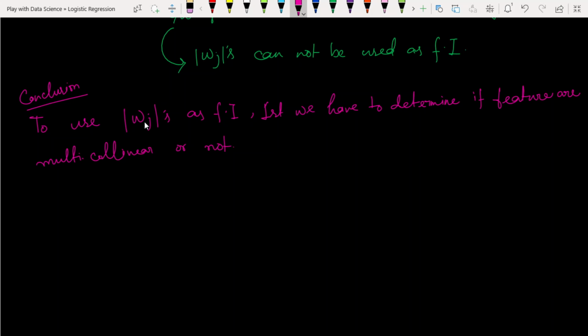If they are linearly independent, or not multi-collinear, then we can use it.